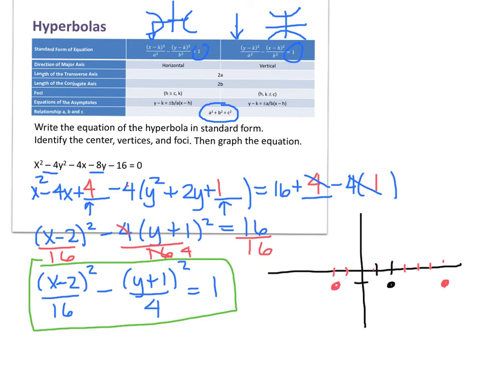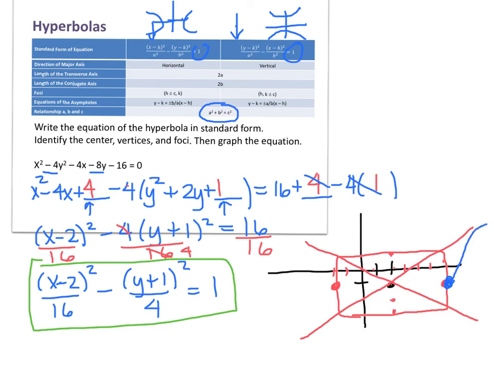And then in the y direction, I'm going to go up 2, 1, 2, and down 2, 1, 2. And that tells me where to draw the box. And then if we do the diagonals through the box, those are your asymptotes. Since the x term was positive, my hyperbola comes off the box in the x direction. That is going to be the graph.